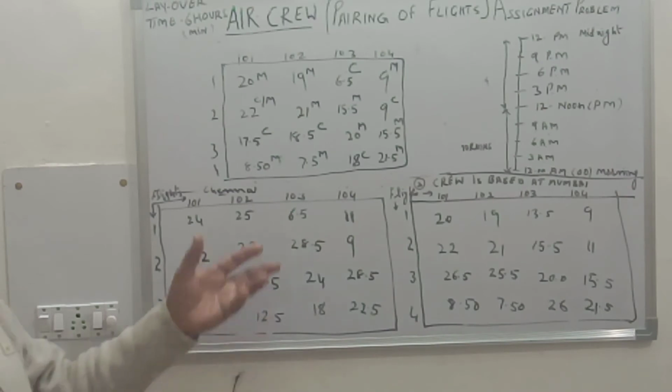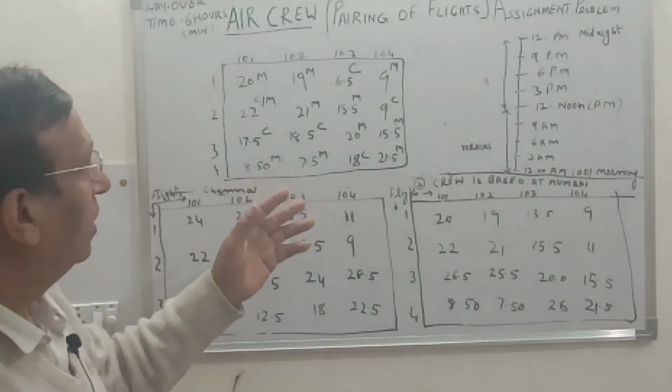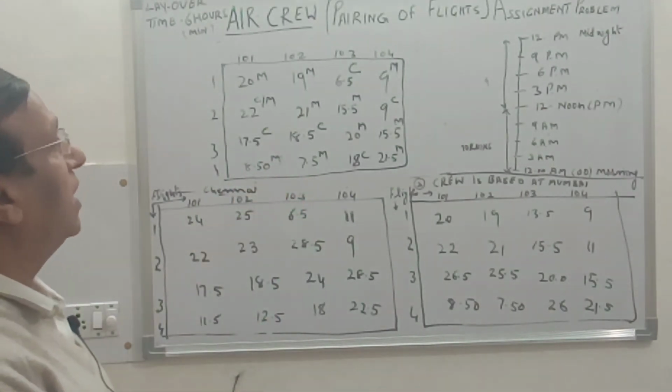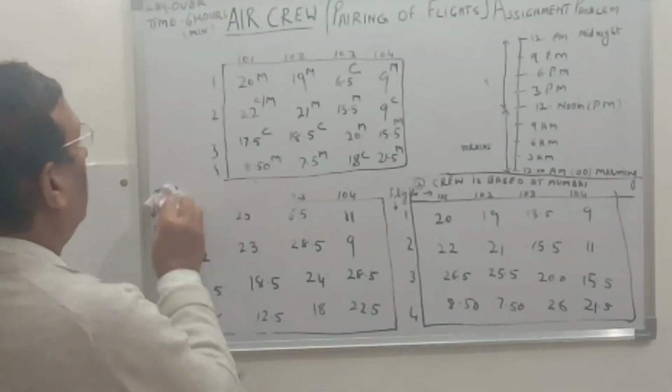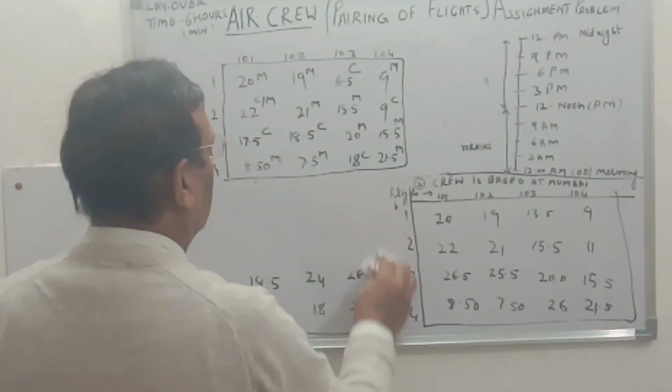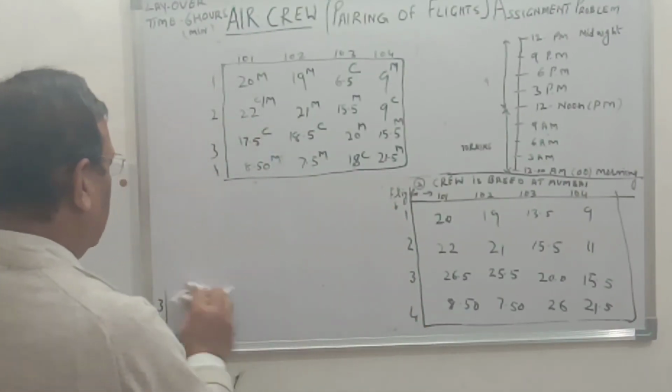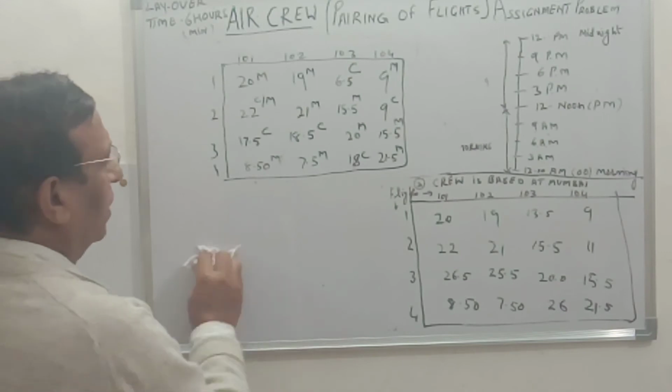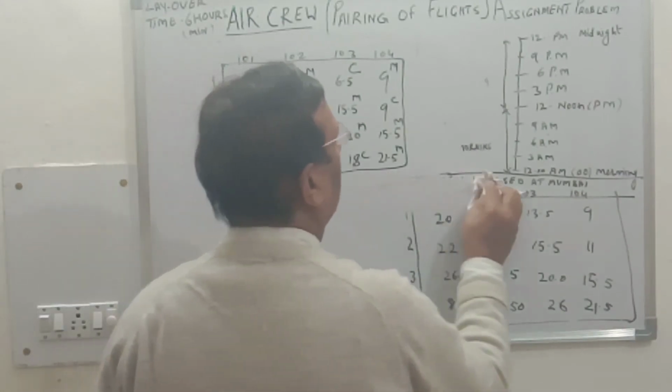Now you have got the first table for making assignments. Now we will start the Hungarian assignment technique. The Hungarian assignment method was given by a mathematician of Hungary.